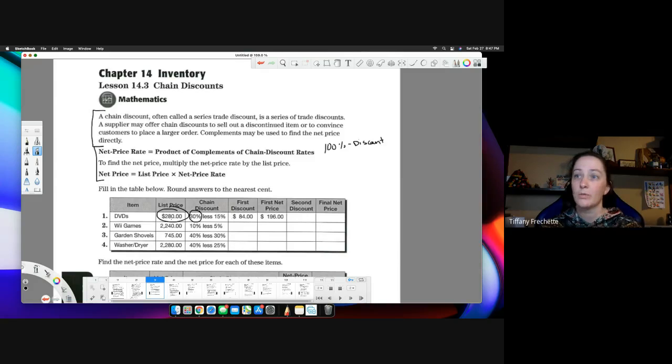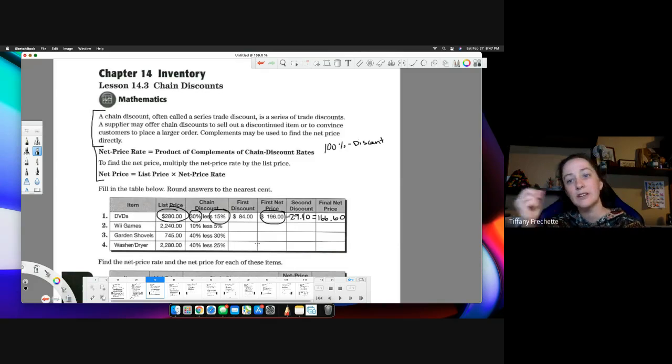So it's just my first net price. And then the second one, we have 15%, our second discount, and we're going to calculate that on this one. So 196 times 15% is $29.40. So we get to take off another $29.40. We subtract these two, and that gives us our final net price of $166.60.